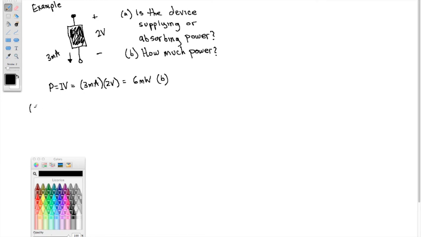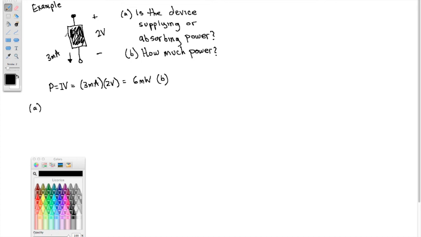For A, we have to ask ourselves, is the current entering the positive side, the higher potential? If the current's entering the positive side and leaving the lower, negative side, then it is absorbing power. That's exactly what we have in this case.